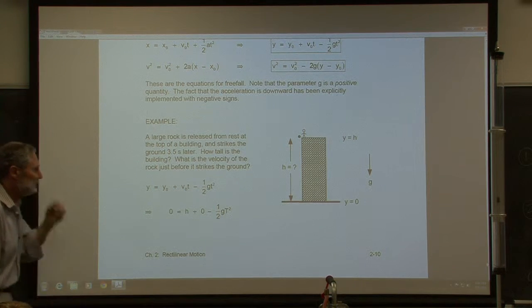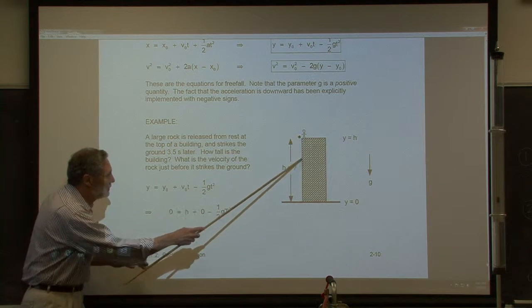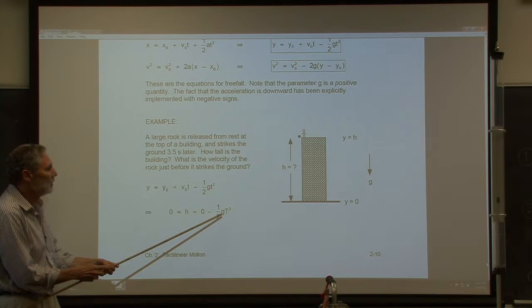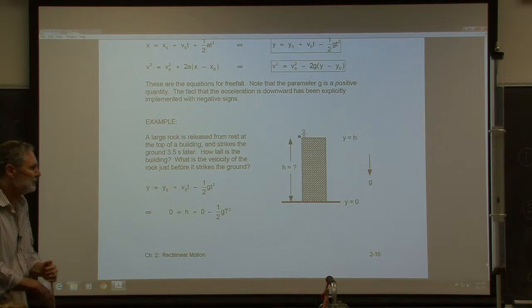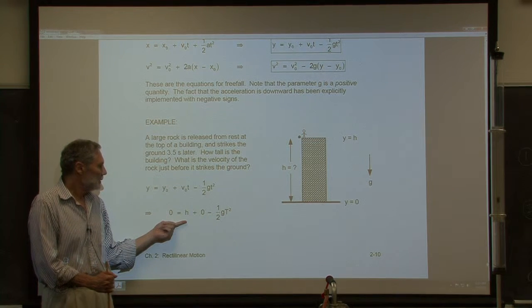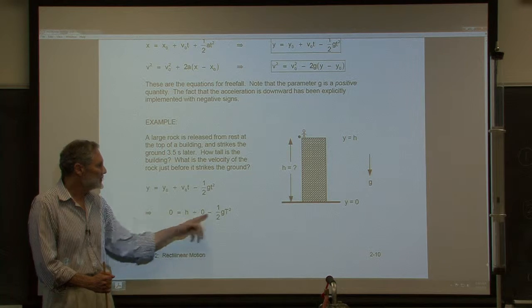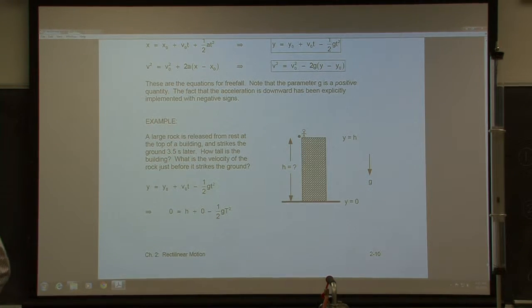And 1/2 g t squared. And this t, we've applied this equation over the full motion here. We'll call that capital T like we have in the past. That's the total time, the time of flight. We have one equation and one unknown, because we know T, that's been measured. We know g, we don't know h. So we can find h.